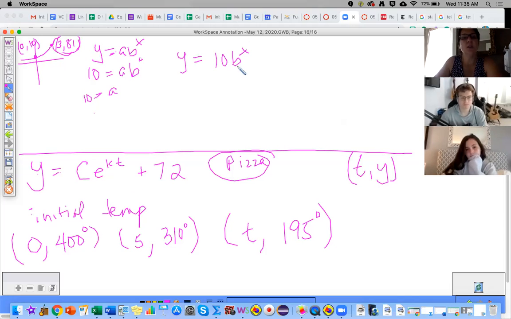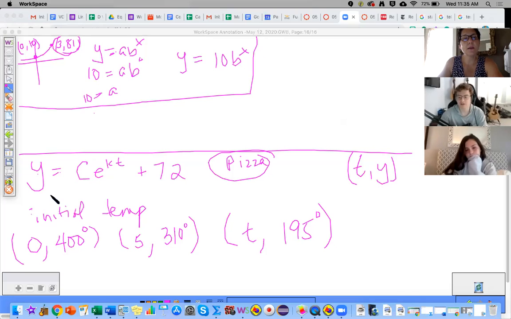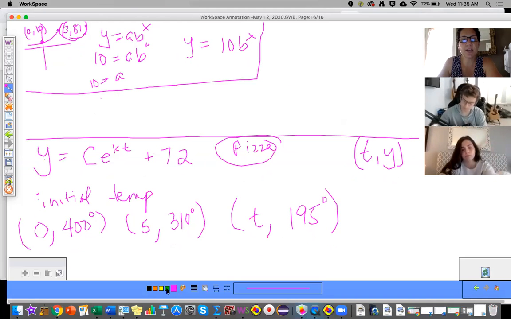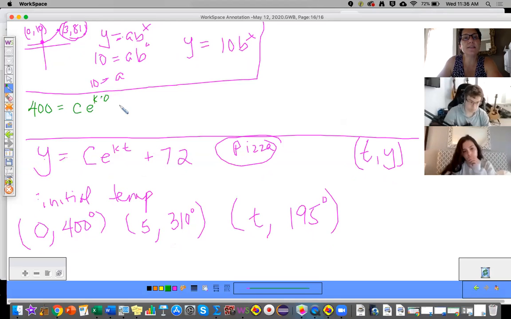Yeah. Okay. So now going down over here, Sarah said that she thinks C is 328. Yes, it is, because here's what you're doing. You're plugging in, I'll use a different color, my pretty green. So 400 is equal to C times e to the K times 0, plus 72.